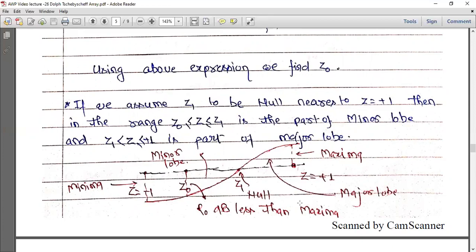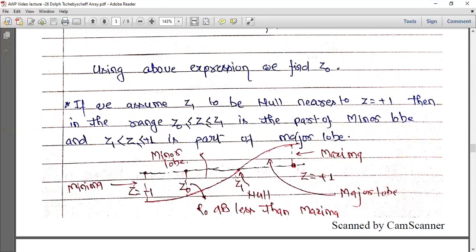As you change direction, there is a particular direction in which no power is radiated. This is the direction in which the major lobe reduces to 0. This is the position of the null. So this z1 is the value of z representing that direction of null.